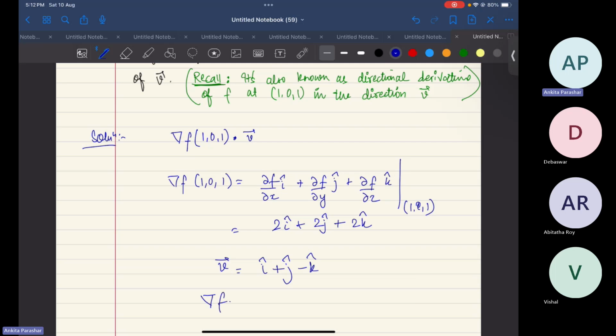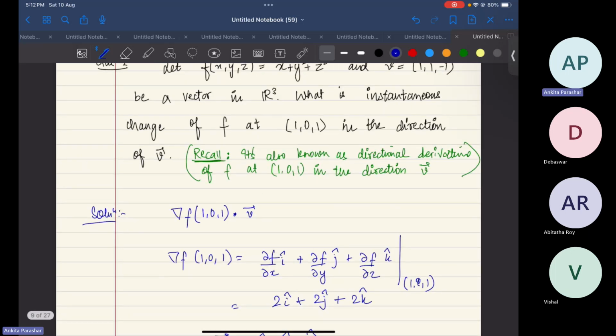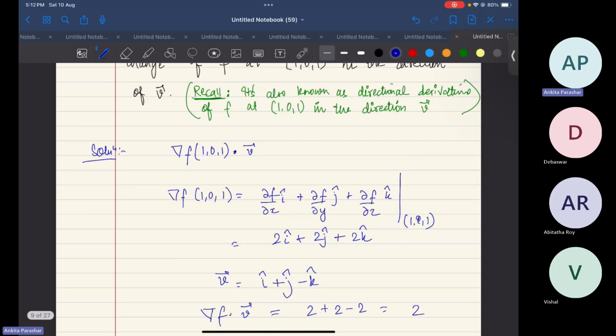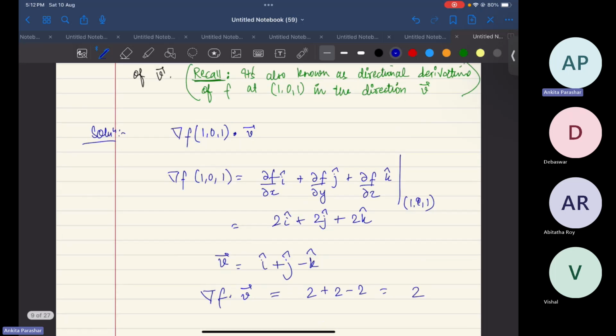So del f dot v is 2 plus 2 minus 2, which is 2. So what do you have to find? The change, or the directional derivative, and it's a scalar, right? You have a dot product of two vectors, so it has to be a scalar. So this is what the change is. I am not sure, should I follow the dot v without norm v?